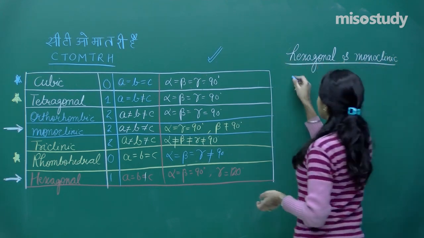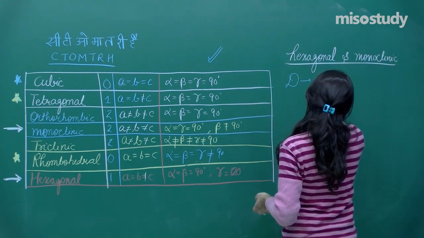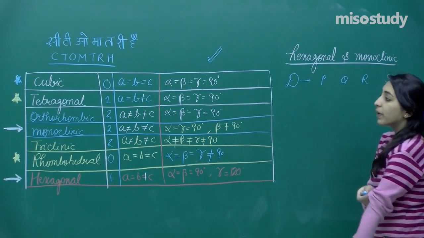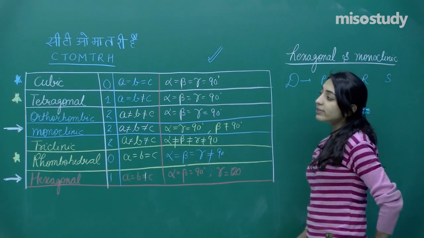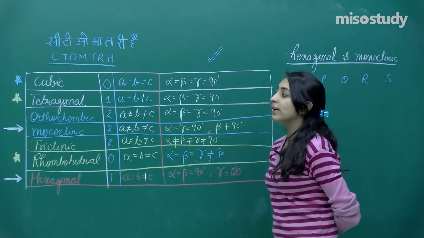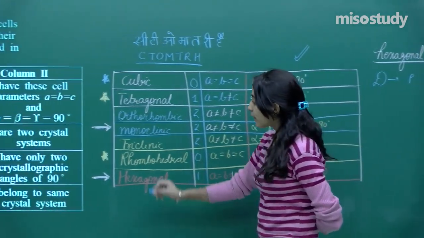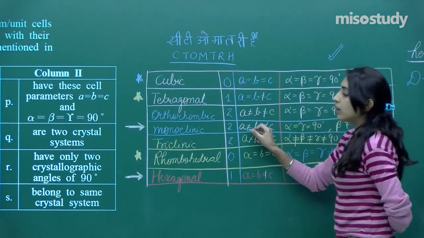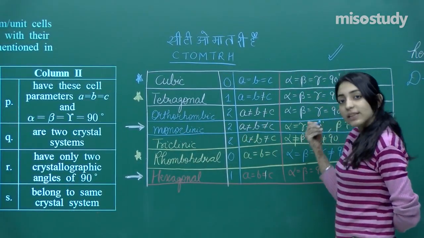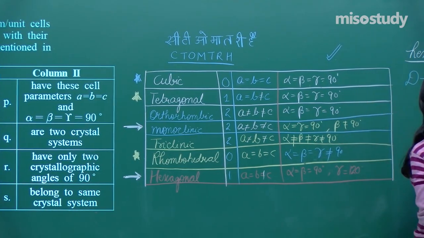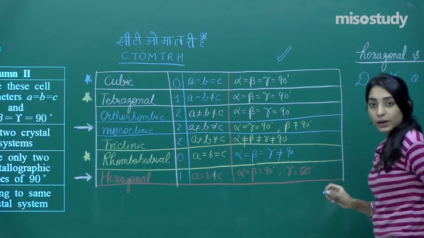Which is option number D. Okay. So first of all it says that they have cell parameters A equal to B equal to C, alpha equal to beta equal to gamma equal to 90. Monoclinic, A not equal to B not equal to C. Let us not go to hexagonal because monoclinic even doesn't satisfy. So P is wrong.